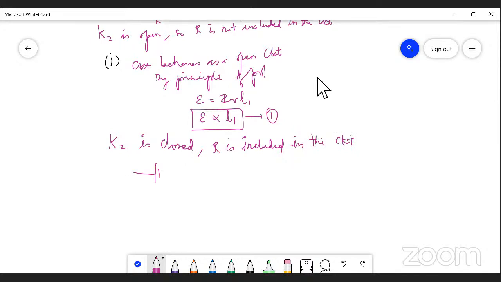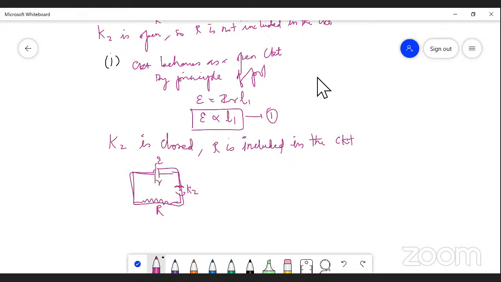The cell of EMF E is there. Resistance R is there. K2 is there. This is how the circuit is. So this sends a current along this path through the resistor R and through the key and then to the negative terminal.